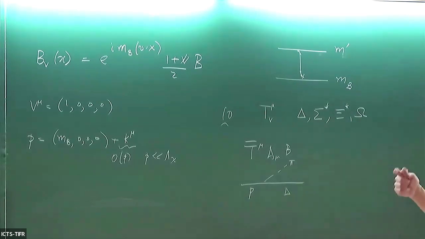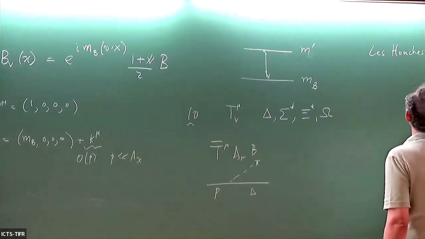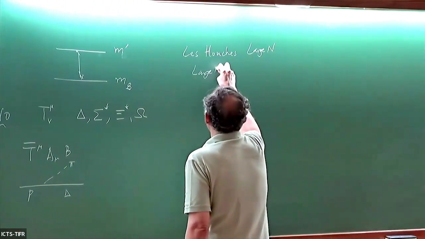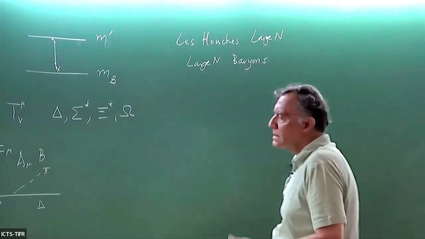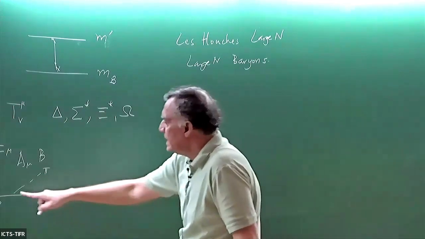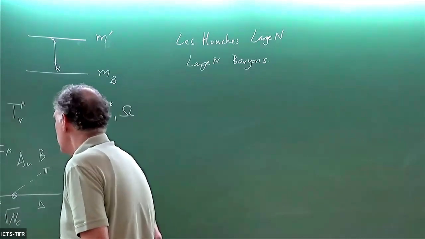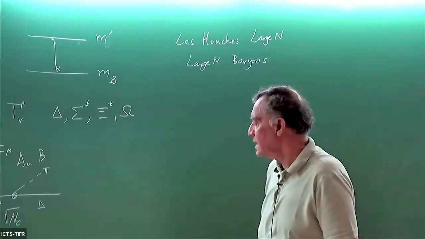And this is actually very important, because it turns out in large N QCD you can prove, so these are papers, there are some lectures on large N, and Elizabeth has some lectures on large N baryons. What happens is that these vertices are order root N color, and the strengths become large as N color gets large.